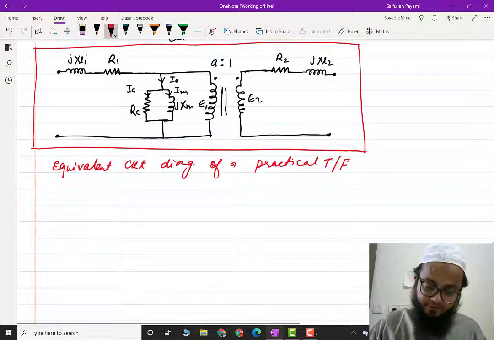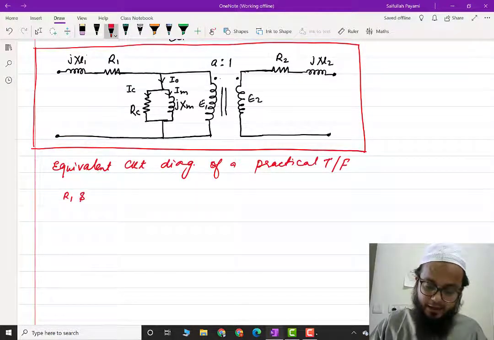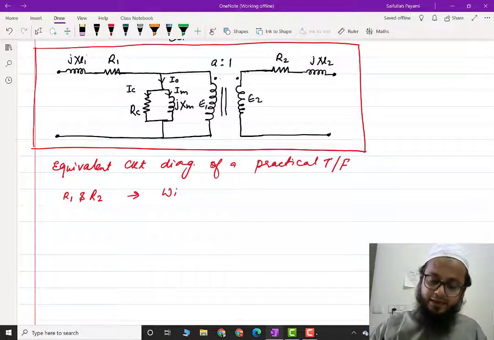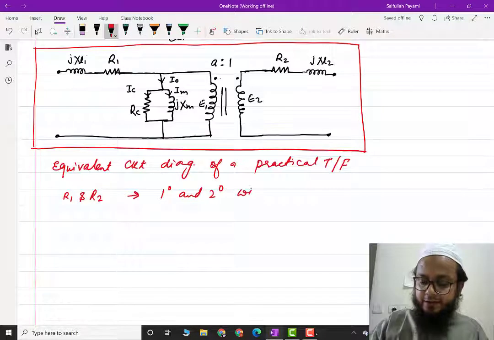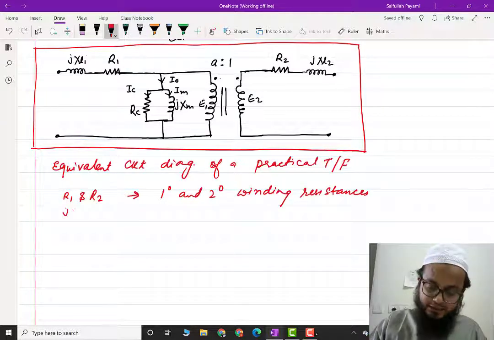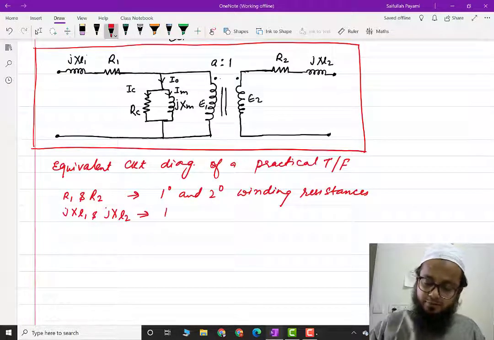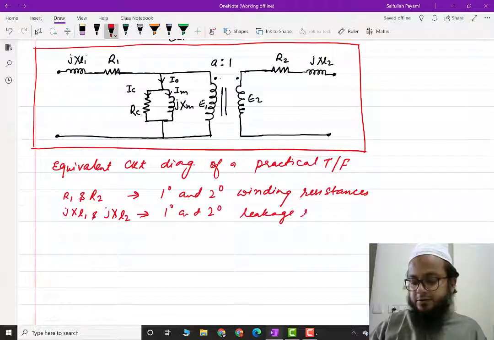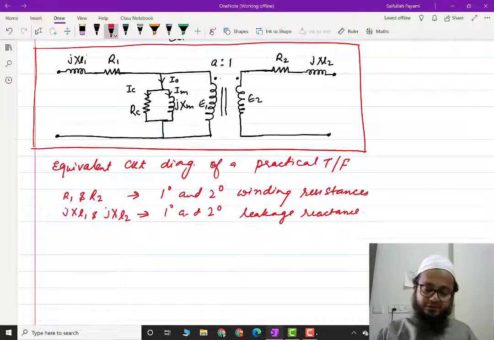Here R1 and R2 are the primary and secondary winding resistances. jXL1 and jXL2 are the primary and secondary leakage reactances, which are because of the leakage flux.